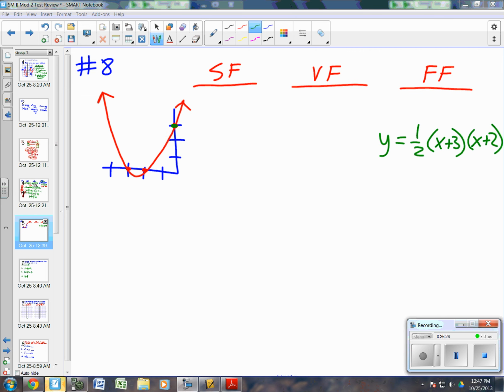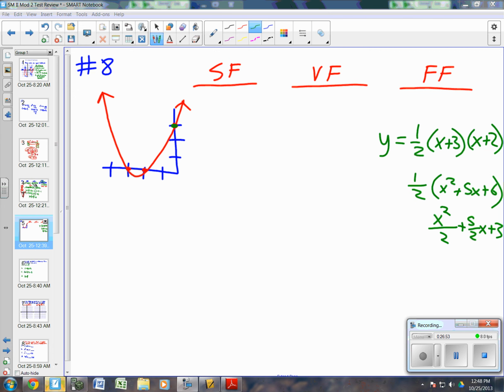Okay, so we now know that factored form is x plus 3 times x plus 2, and then times it by 1/2. Now, standard form we get by multiplying these together. I'm going to get 1/2 times x squared plus 5x plus 6 if I multiply it out, right? And if I multiply that by 1/2, I get x squared over 2 plus 5/2 x plus 3.